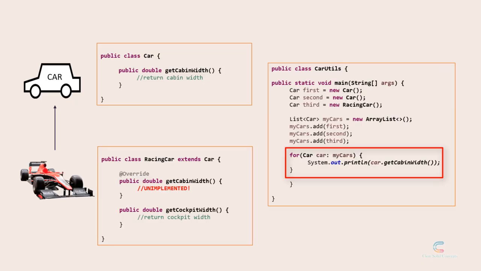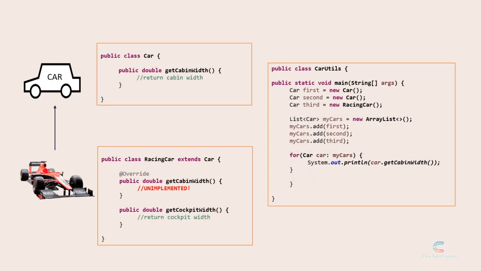But in the third iteration, the object is a racing car object, and racing car overrides the getCabinWidth method and leaves it unimplemented.